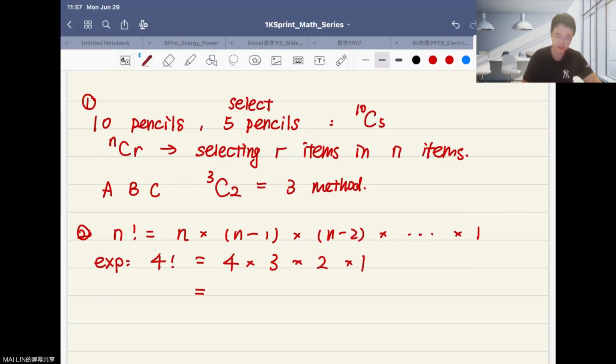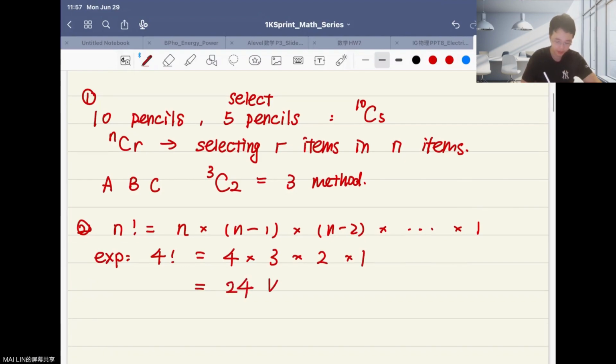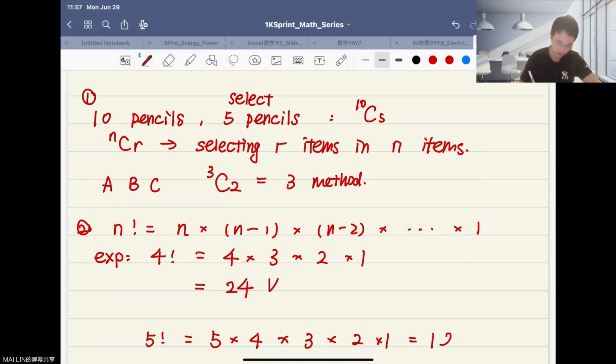So it can be considered as 24. Okay, that is for 4 factorial. And for 5 factorial, we can also read it as 5 times 4 times 3 times 2 times 1. It equals 120, okay? That is for the n factorial right here, okay?